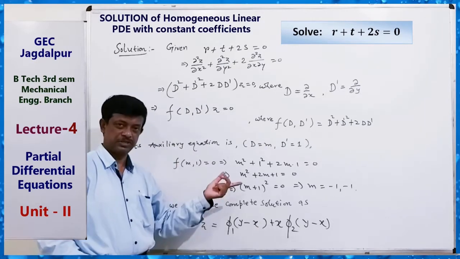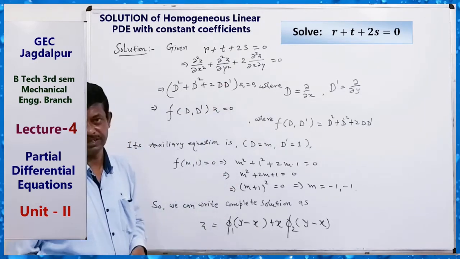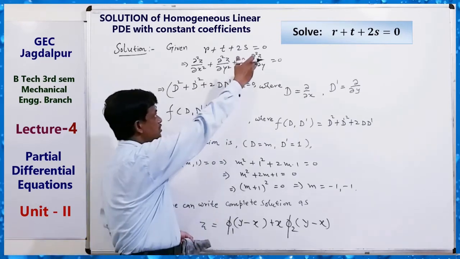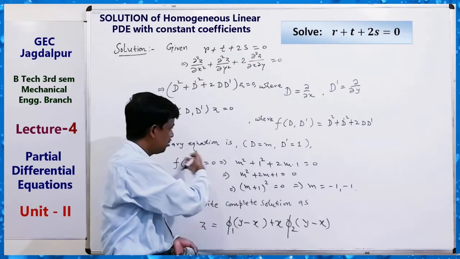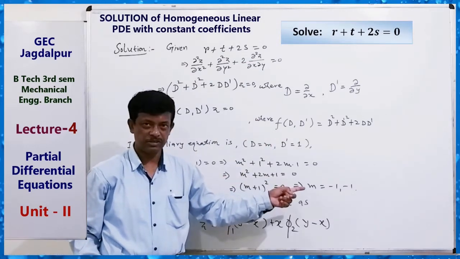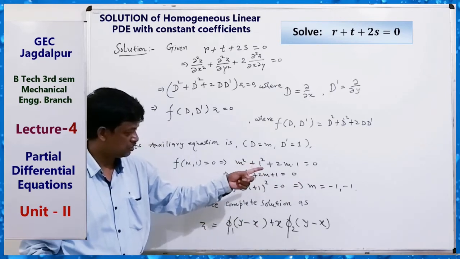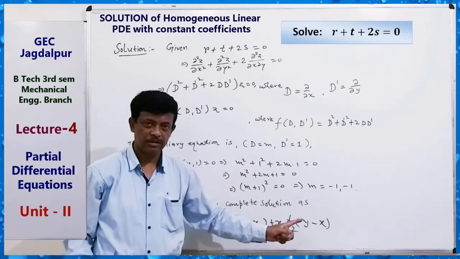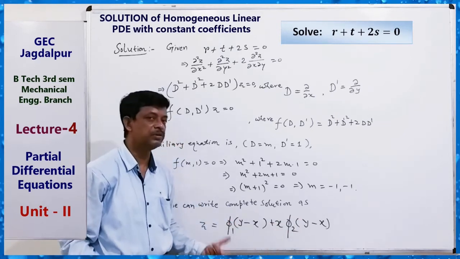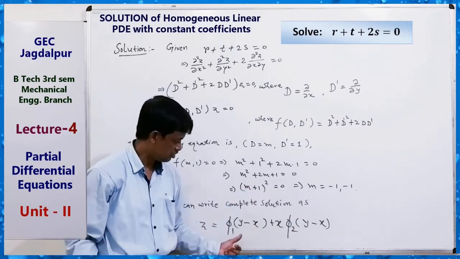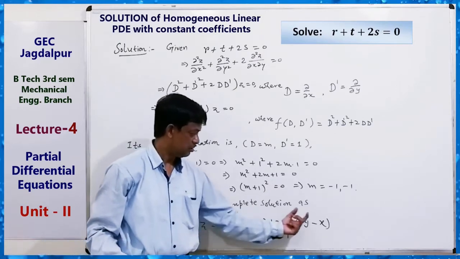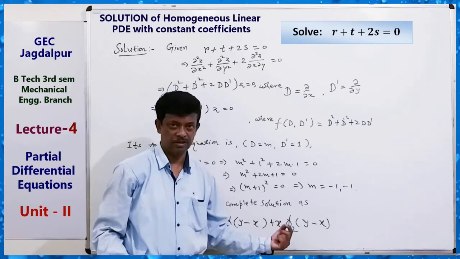This is the complete solution of this equation. So very simple questions. If the right hand side is 0, just make the auxiliary equation and find roots, and using these roots you have to write the complementary part, that is here the complete solution. So for equal roots, there is x. If distinct roots, then you can add only. Clear?